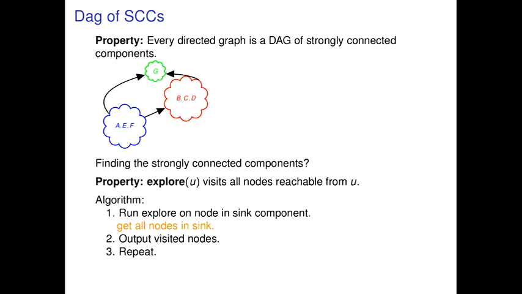If they tell you a node in the sink component, this is linear time, because the total work from the first call to explore only looked at G. It didn't look at any of the other nodes. Every time it outputs something, it outputs only the nodes it touches, and it only touches each node once. So this algorithm is wonderful except for the fact that we don't know how to identify a node in the sink component.